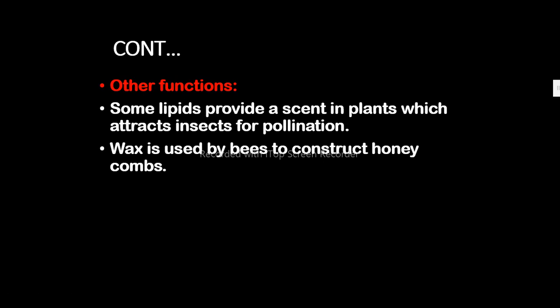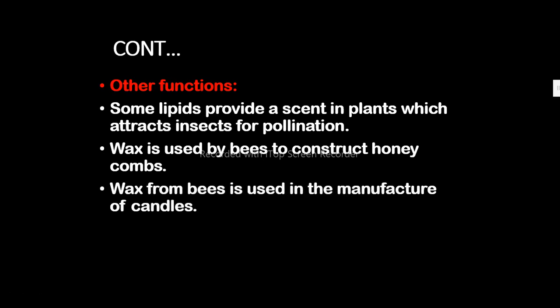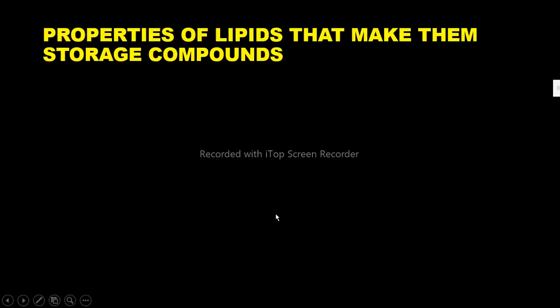The wax is used by bees to construct honeycombs. Yeah, you said this. And then wax from bees is used in manufacture of candles. Now, properties of lipids that make them good storage compounds. Why do our bodies prefer to store these lipids?